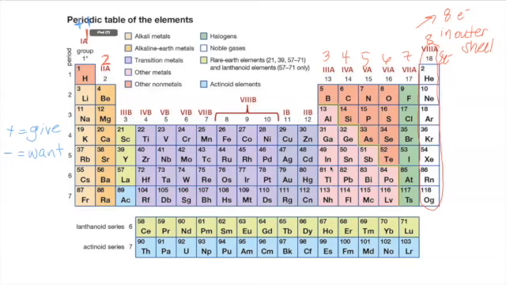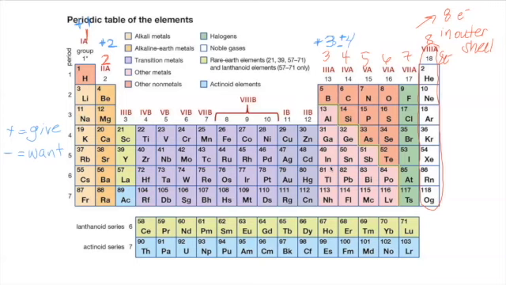When we look at the second group with magnesium and calcium, they could take on 6, or they can just give away 2. Skip the transition metals. It'd be easier for them to give away 3 than to take on 5. Carbon, this group here is a little bit tricky, because we could give away 4 or we can take on 4. It doesn't really matter, that's the same amount.